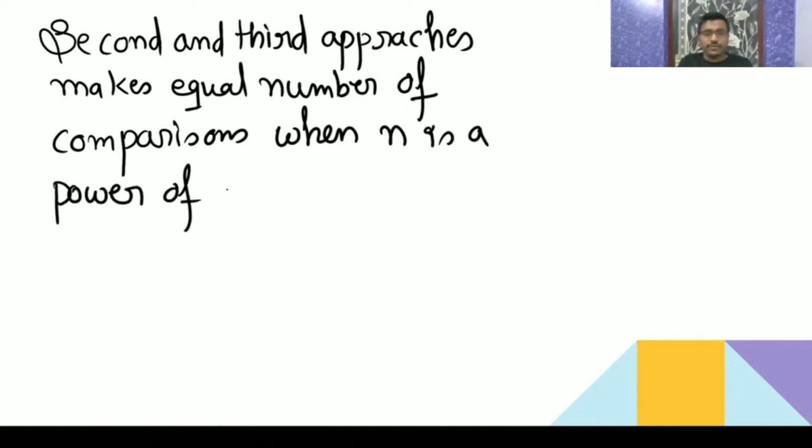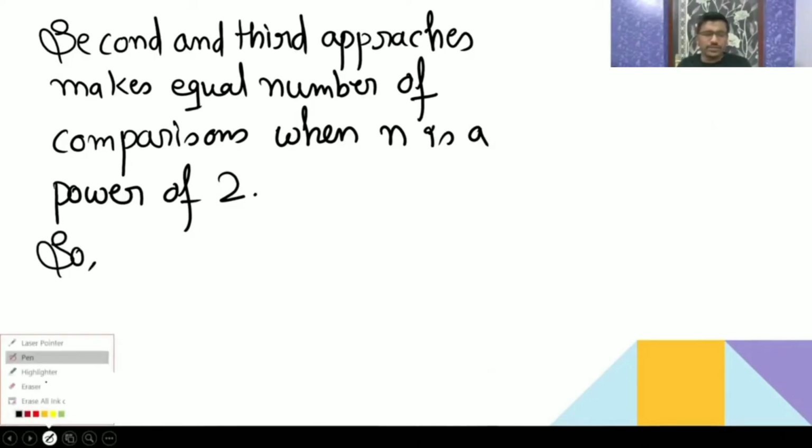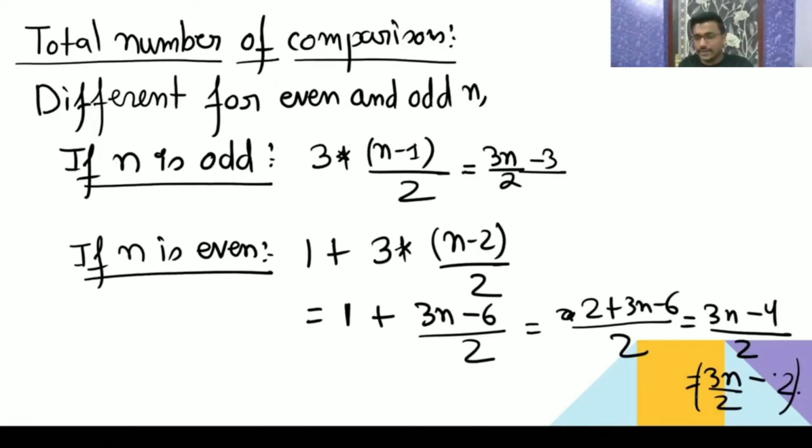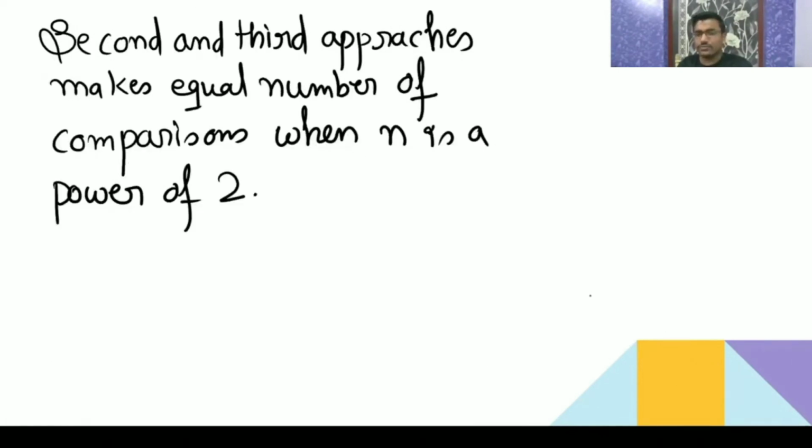When n is 2, this is the same as the tournament method. Okay, 3n by 2 minus 2. Understood? So we have completed this. Is anyone still having any doubt?